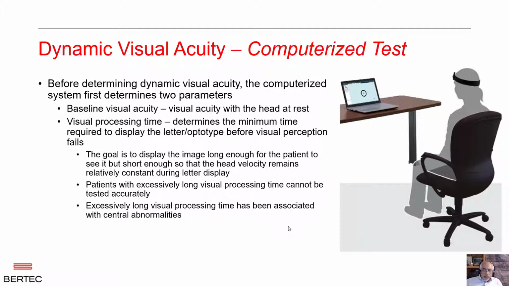We can do that by knowing the visual processing time. Patients with excessively long visual processing time cannot be tested accurately, and the software will warn the examiner. These types of excessively long visual processing times are often associated with central processing abnormalities. For example, you can see that in patients with the concussion.